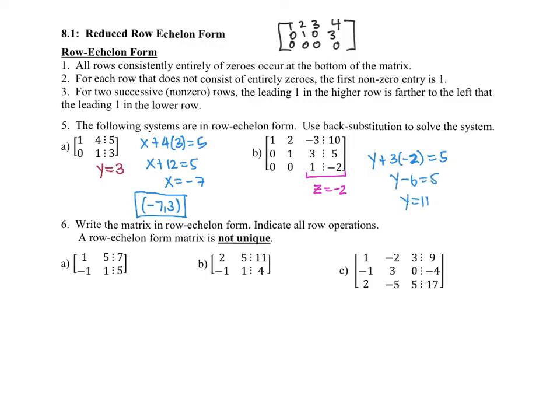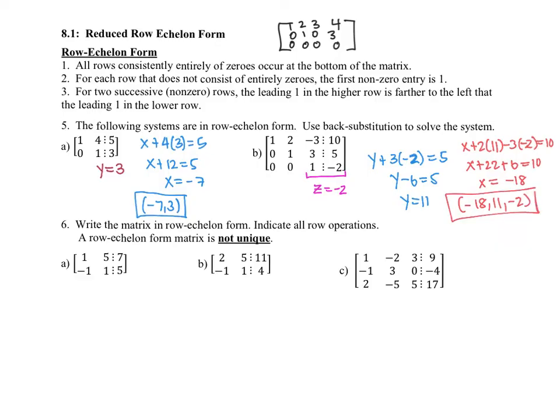Then back substitution all the way up to the first row, I get x plus 2y minus 3z equals 10. Because it was in row echelon form, it was really easy to just substitute it in and solve it.